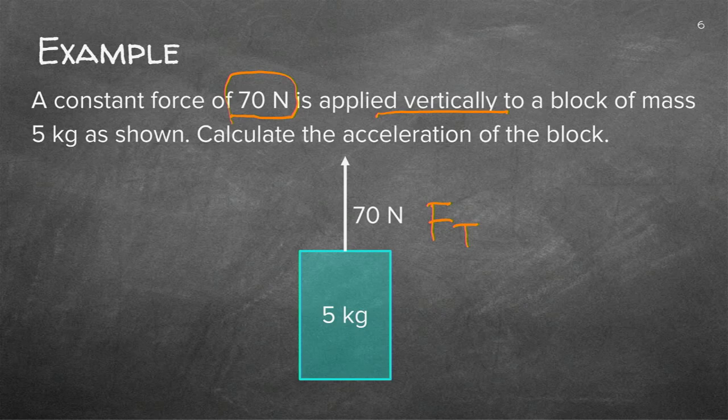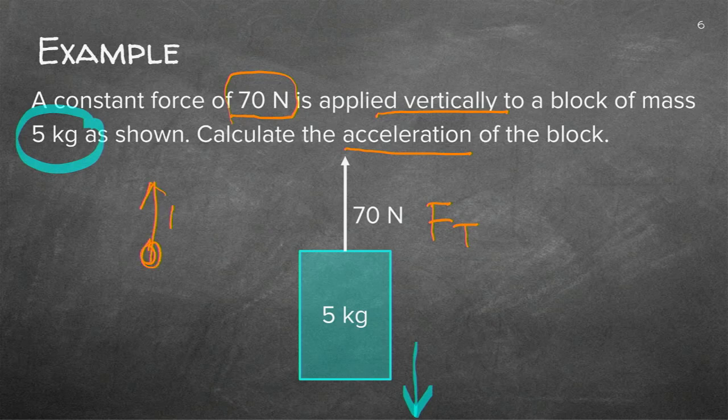They asked me to calculate the acceleration, but they also gave me the mass. As soon as I've got the mass, I always have the gravity. So remember what we did just now with the free body diagram: we've got a force upwards, Ft, and now you know the value, and you've got a force downwards, Fg.